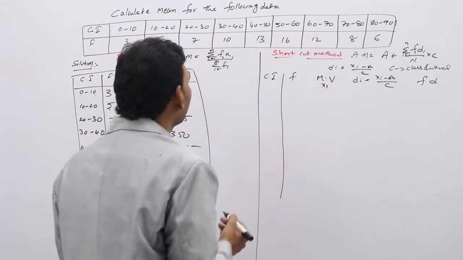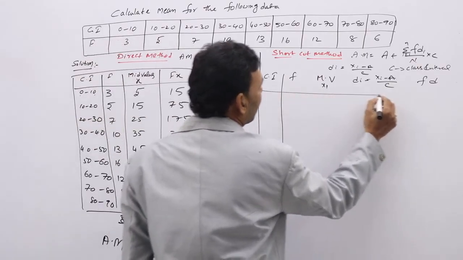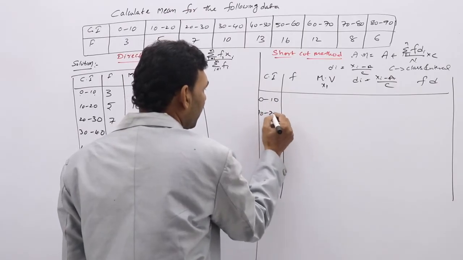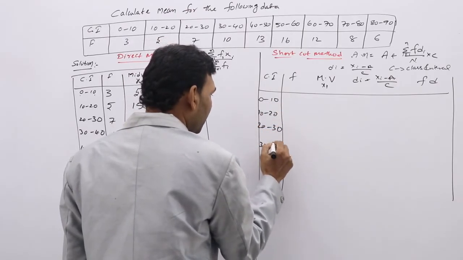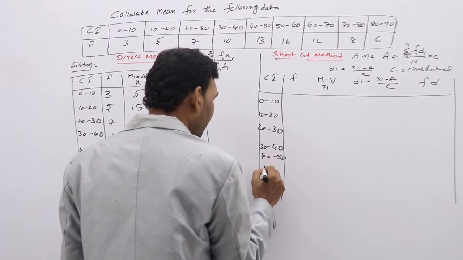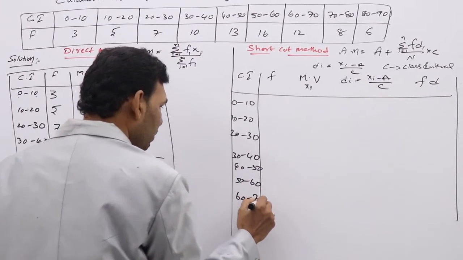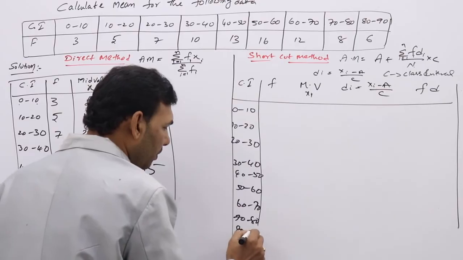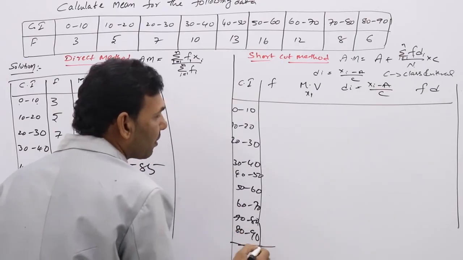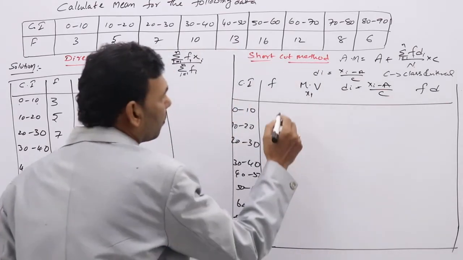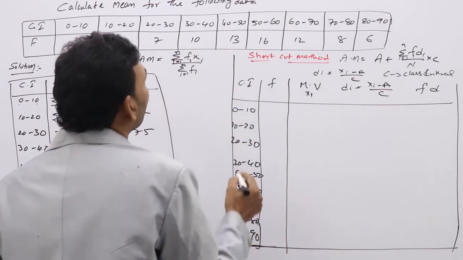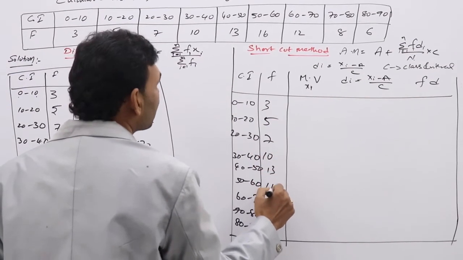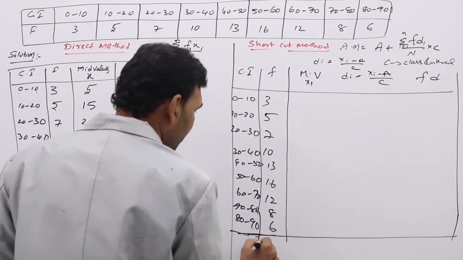Class intervals are given very clearly: 0 to 10, 10 to 20, 20 to 30, 30 to 40, 40 to 50, 50 to 60, 60 to 70, 70 to 80, 80 to 90. Now frequencies are also given: 3, 5, 7, 10, 13, 16, 12, 8, 6.